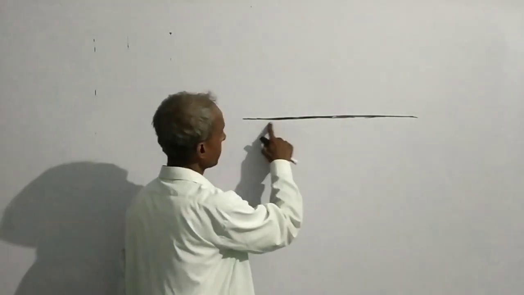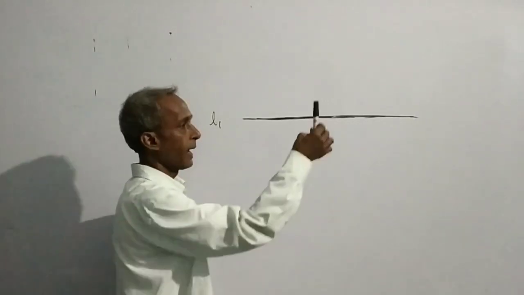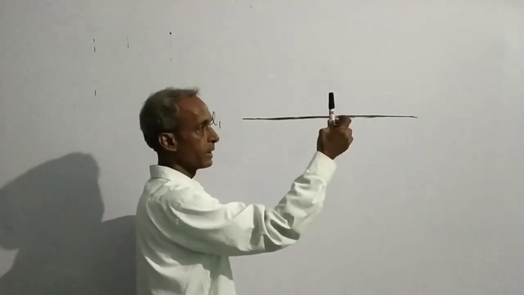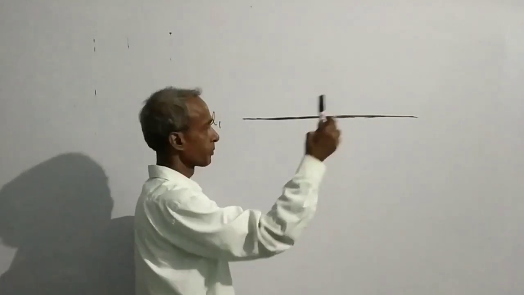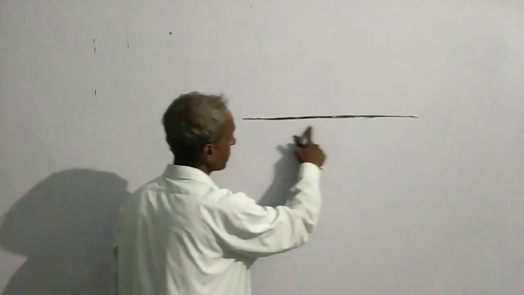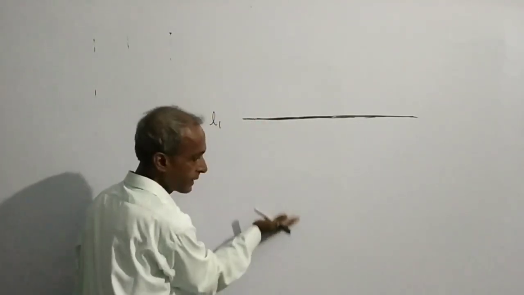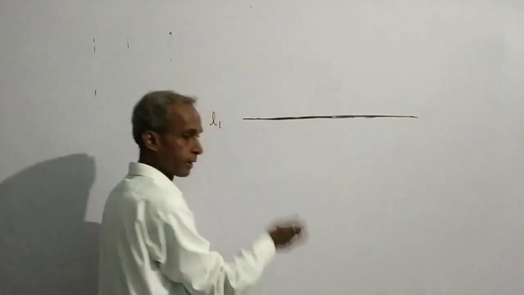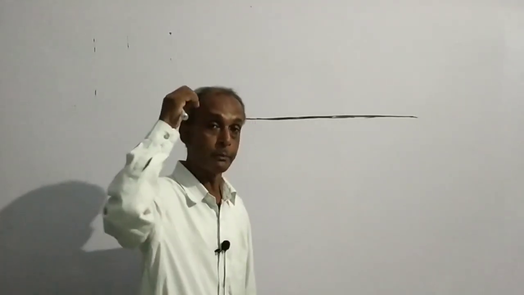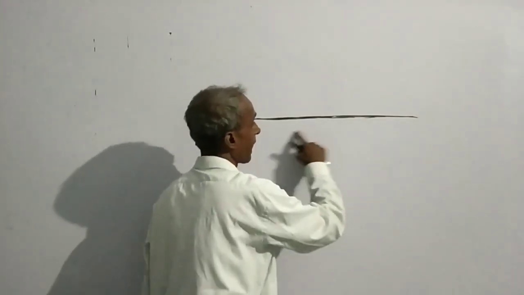Suppose this line is L1 and this plane is L2. One plane containing this line L1 is already this whiteboard. There may be an infinite number of planes containing this line.